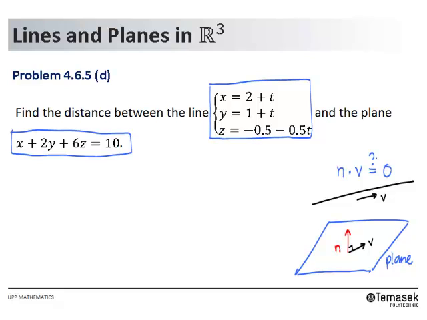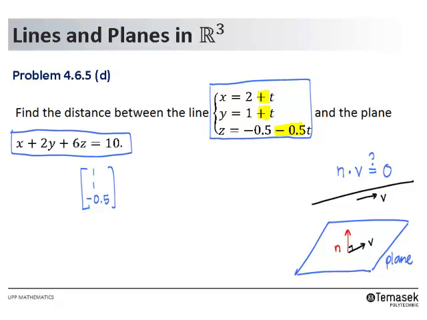Now, this can be easily verified. The direction vector of the line can be found by observing the coefficient of the parameter t. So the direction vector v is 1, 1, minus half.